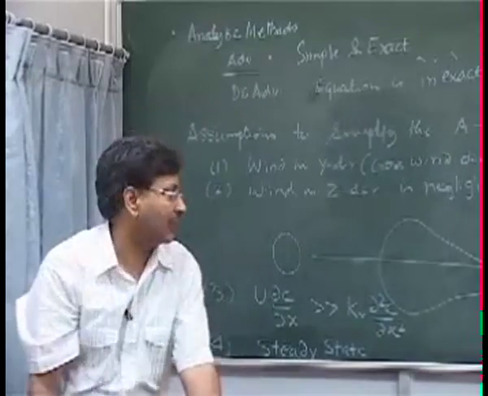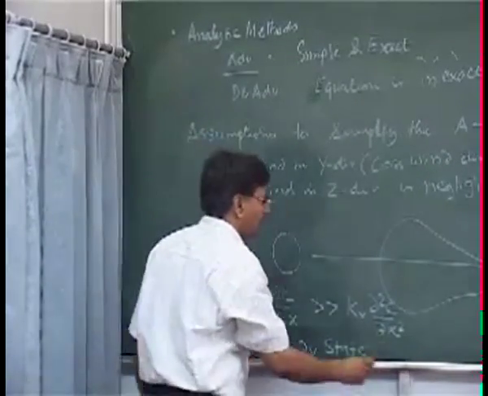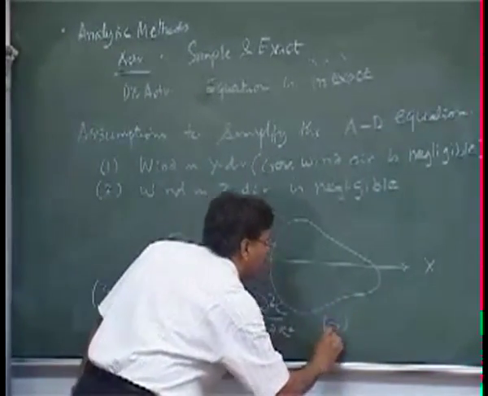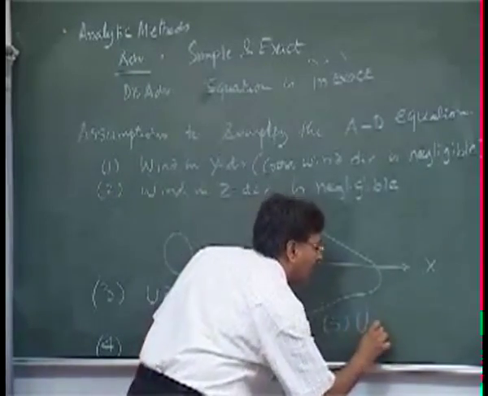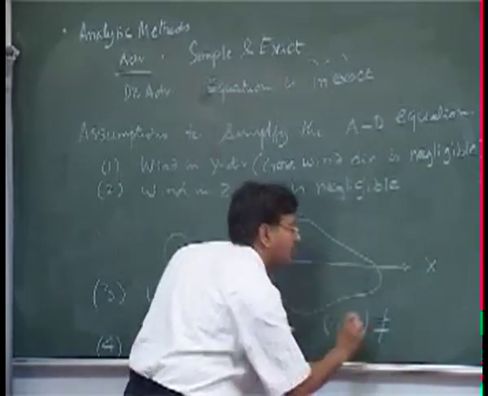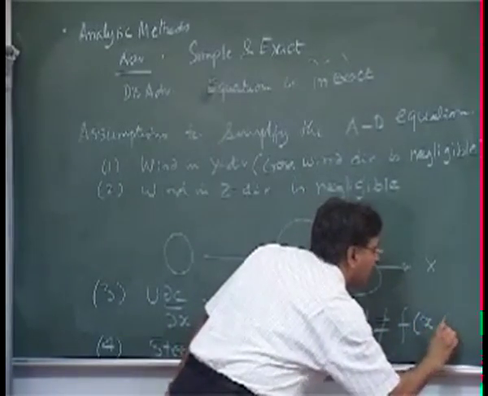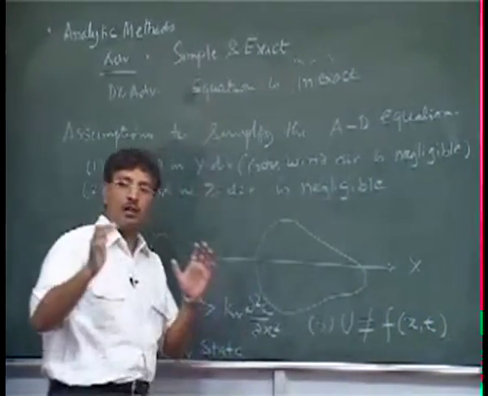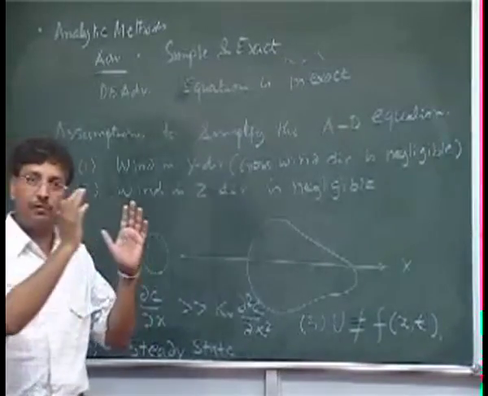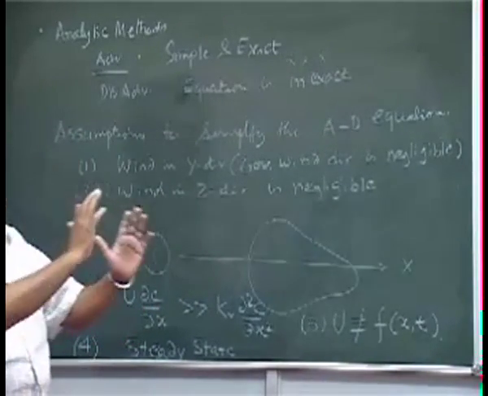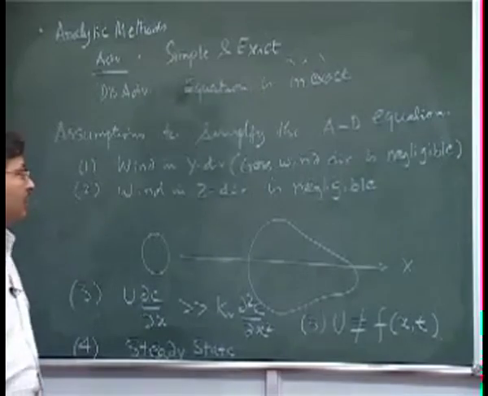So don't forget, let's write it so that you have it with you. u, I'll write a little mathematically, is not a function of x and t. So there is a constant wind that you are facing all the time.